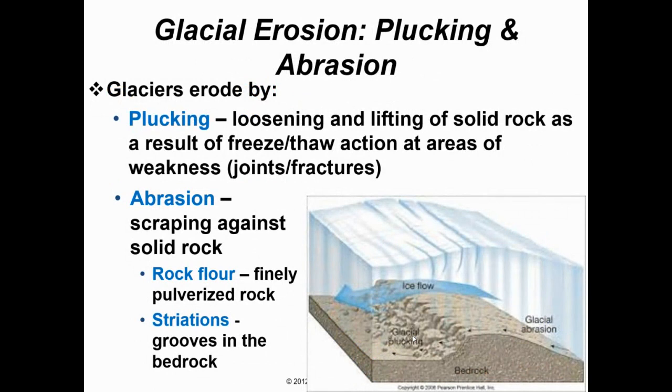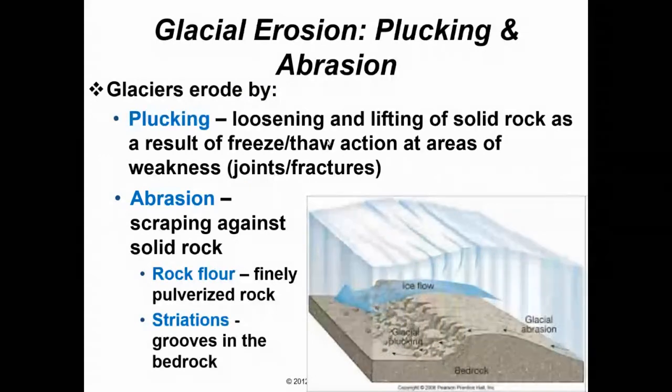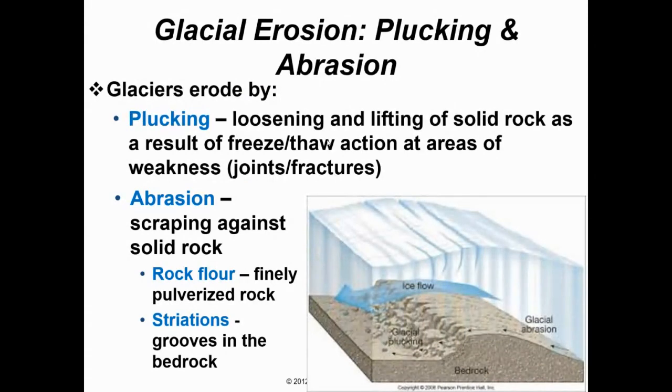Now, glaciers can erode in a couple different ways. The first way is through plucking. Plucking is loosening and lifting solid rock that has typically been jointed, so cracks have formed within the solid rock. That's a normal process.